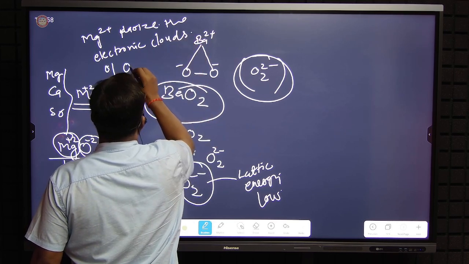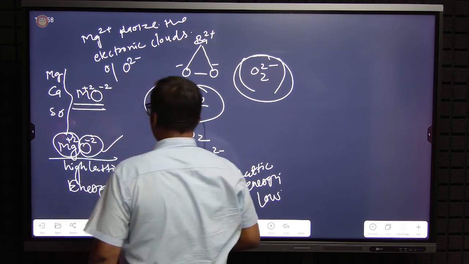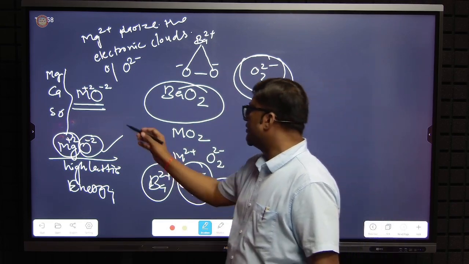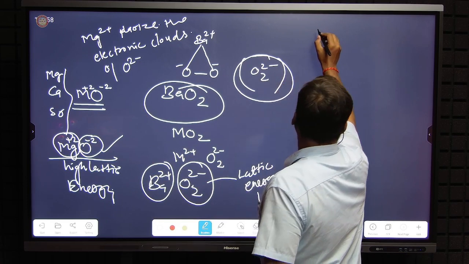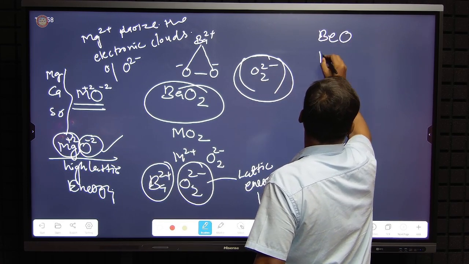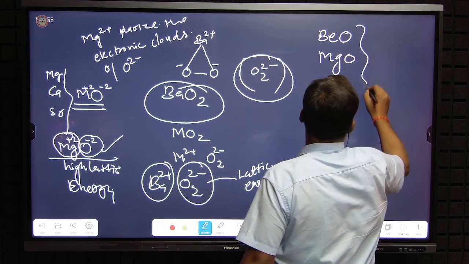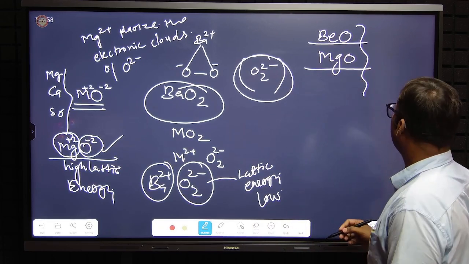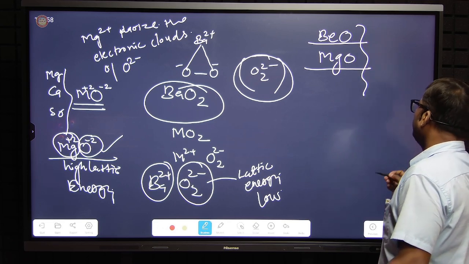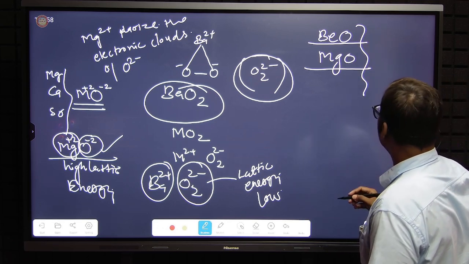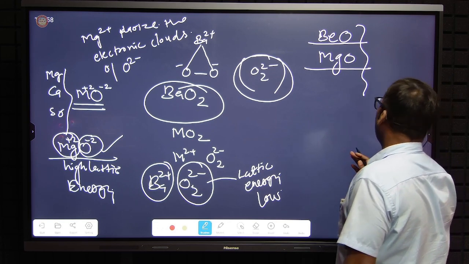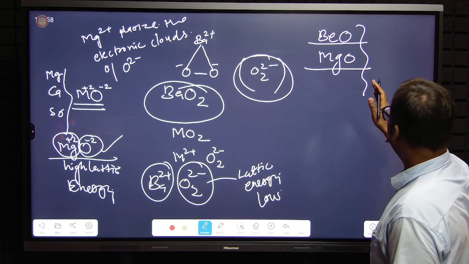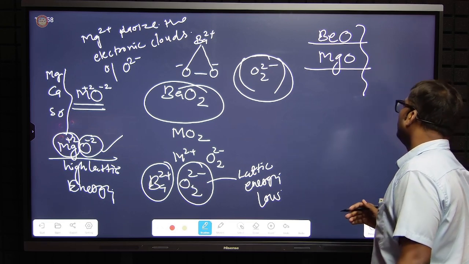of the oxide anion. Because of the polarization effect in magnesium oxide and beryllium oxide, right? These two compounds are not found in nature as pure ionic compounds, rather they are found in a mixed state, possessing ionic as well as covalent character.